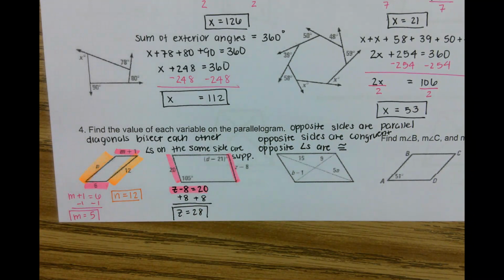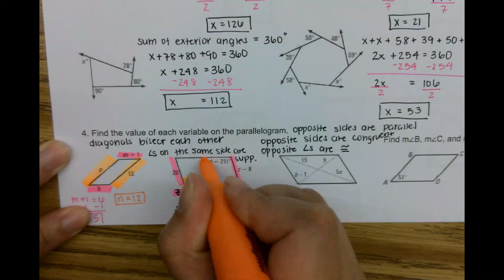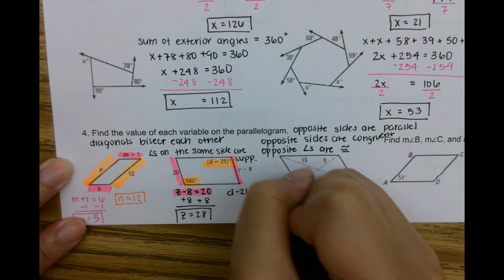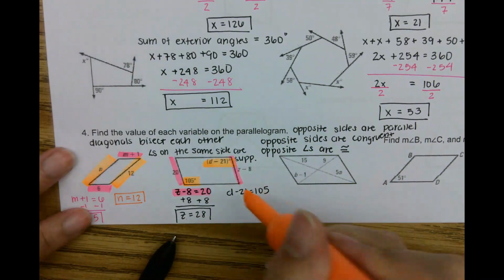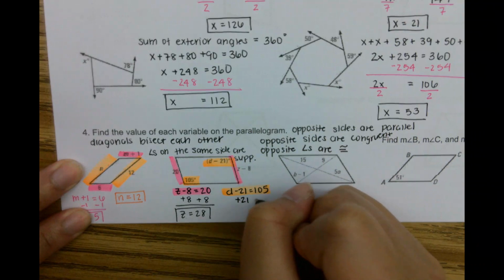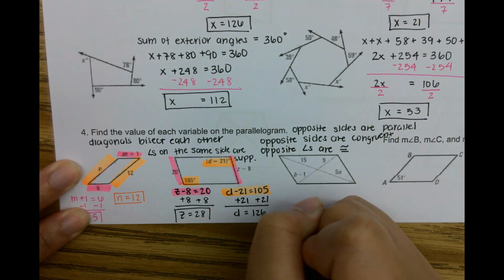We also know that opposite angles are congruent too, so the 105 degrees equals the d minus 21. And so when I add 21 to both sides, d equals 126.